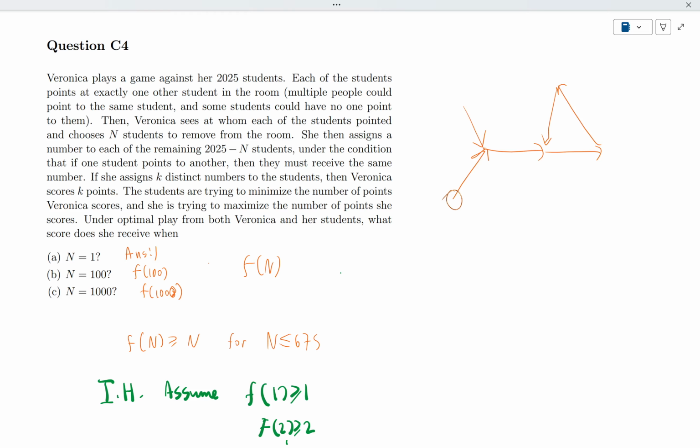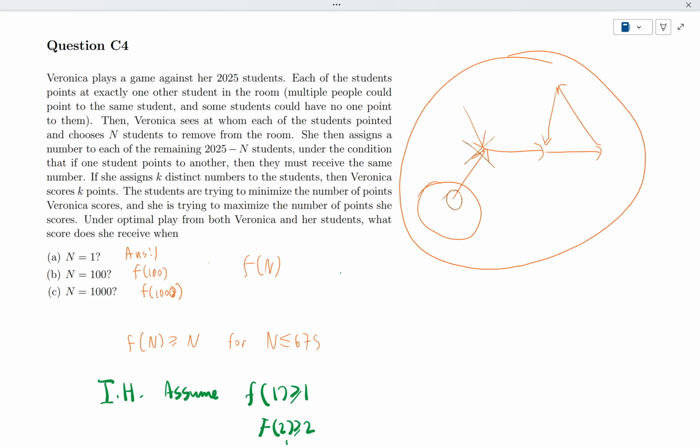If there are dead ends, Veronica can choose any one of them and remove the person that the dead end is pointing to. So if before this was one group, by removing the only person that the dead end is pointing to, Veronica has isolated this dead end from the rest of the group.